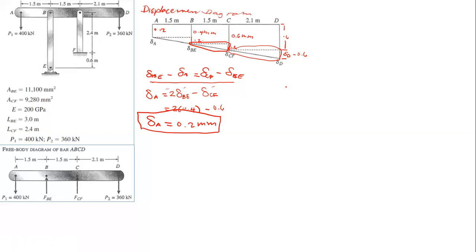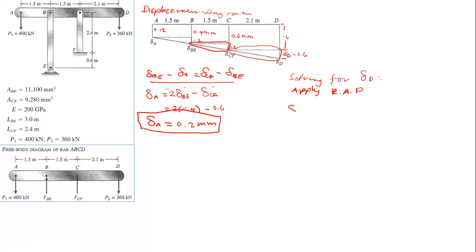So solving for delta D, we apply ratio and proportion.